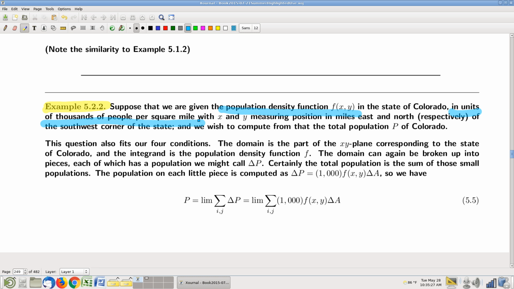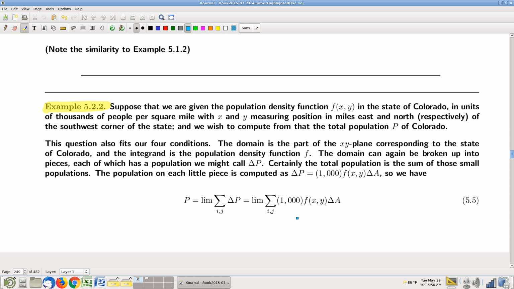Don't forget to pay attention to the units, and as appropriate to that, we have to multiply by an extra factor of 1,000. Said differently, this is the actual number of people per square mile. And notice that again we have people per unit area times area. That gives us people. We are adding up people to get total people. How about it? Everybody on board?